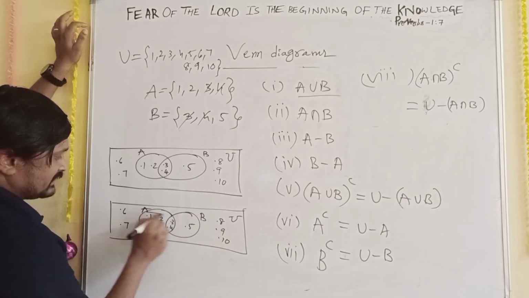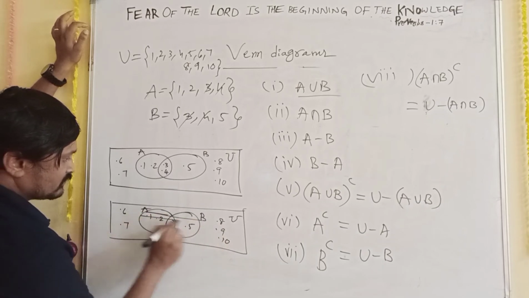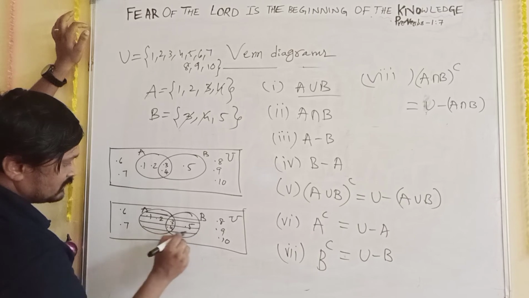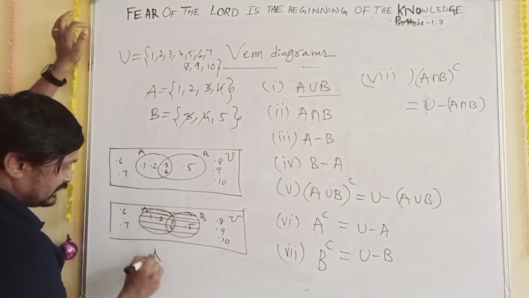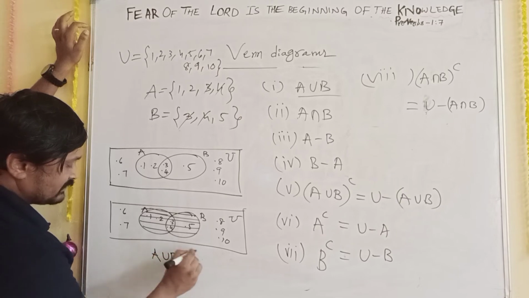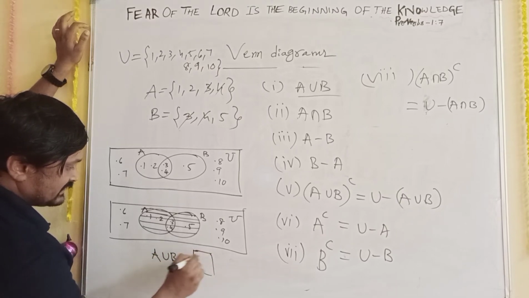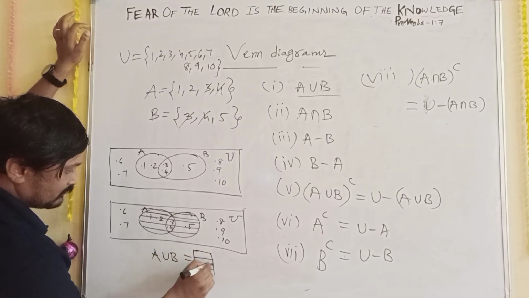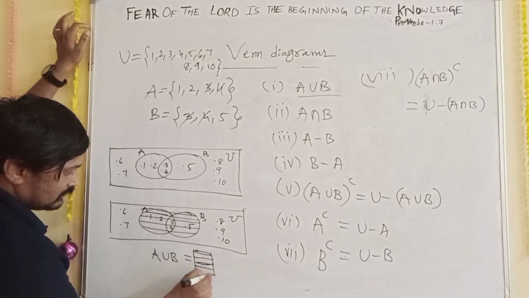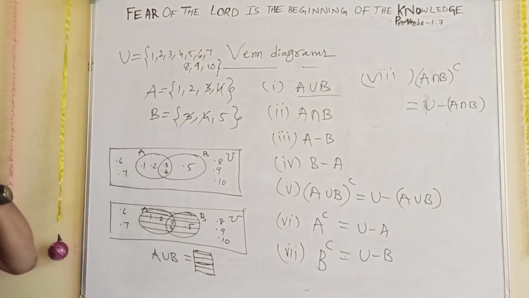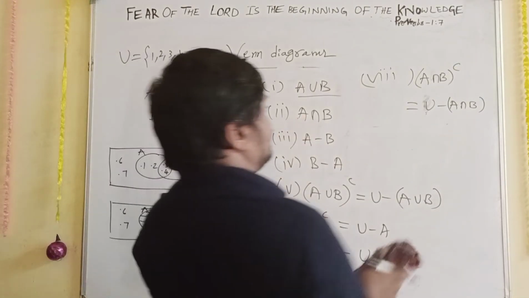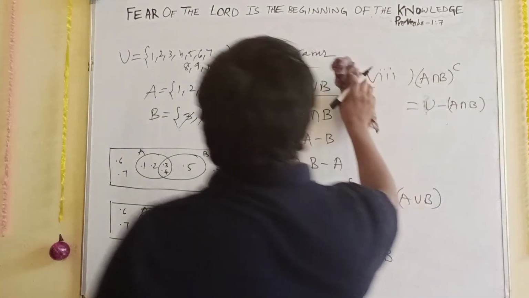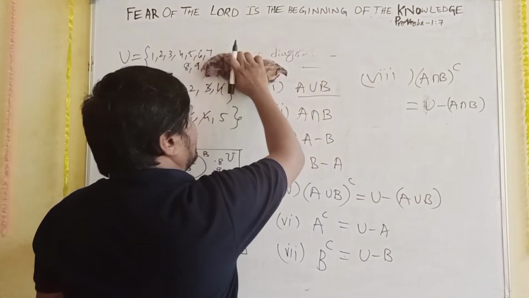To represent it as a Venn diagram, just draw the lines. So I drew it and I have written here A union B is equal to these lines. I hope you understood what is A union B. Now we'll go for A intersection B. So let me rub out these Venn diagrams.